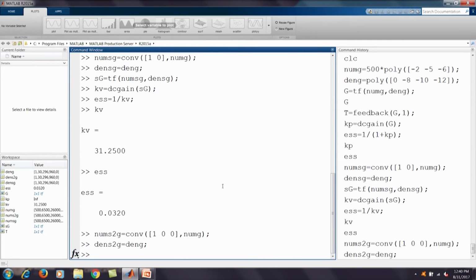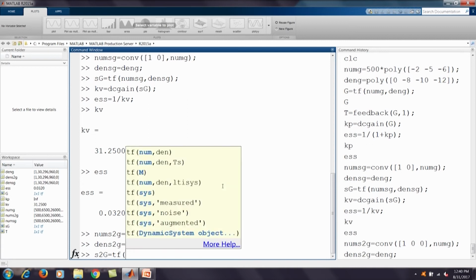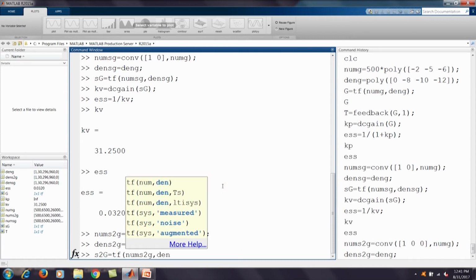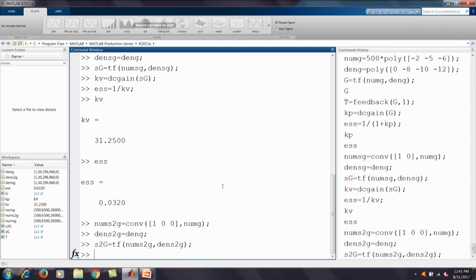Now s squared G, or s2G, equals transfer function of nums2G comma dens2G.